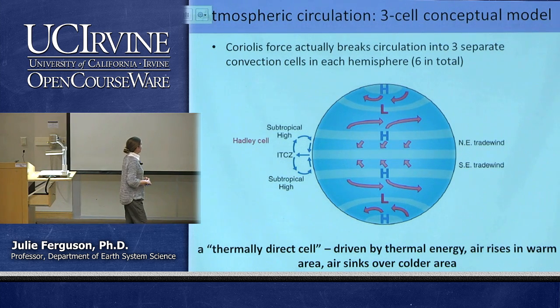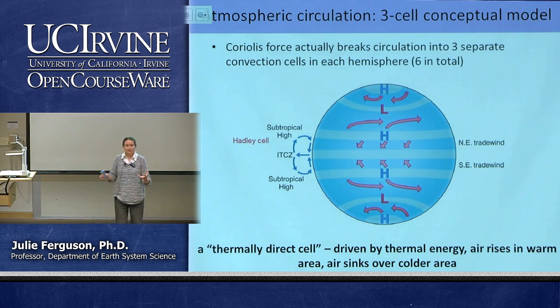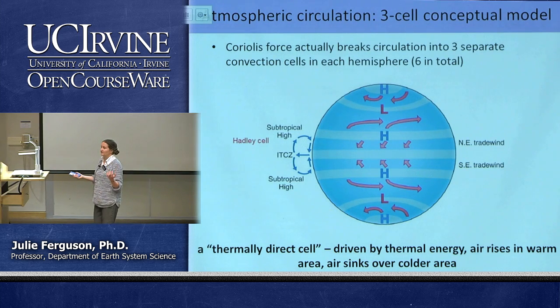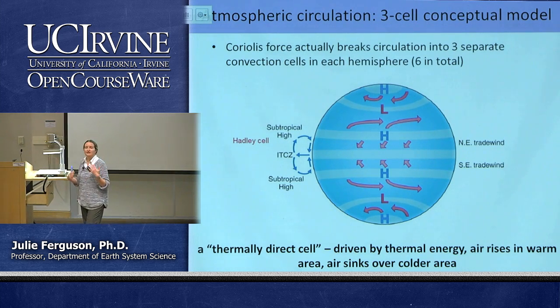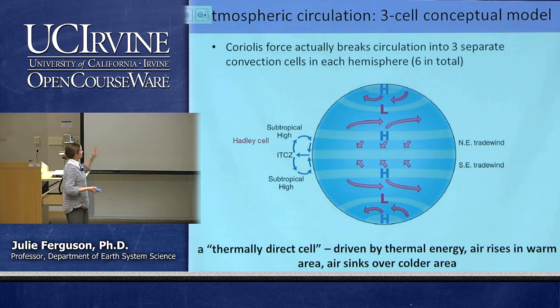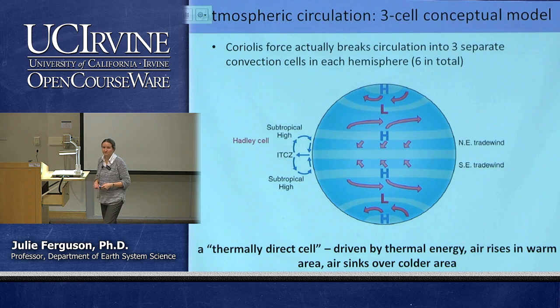So the first stage is that we can separate our global atmospheric circulation into what we call 6 cells. There are 3 in the northern hemisphere and 3 in the southern hemisphere. It's symmetrical. So if you can understand the northern hemisphere, you can understand the southern hemisphere. So the first cell we're going to talk about is the Hadley cell.